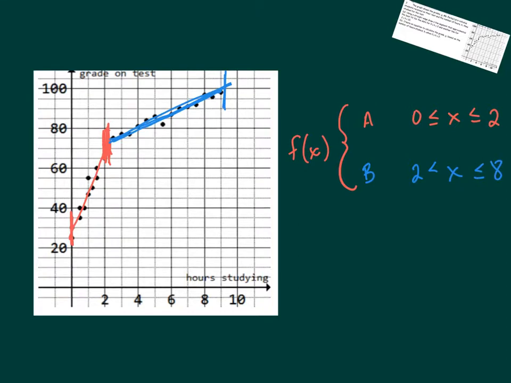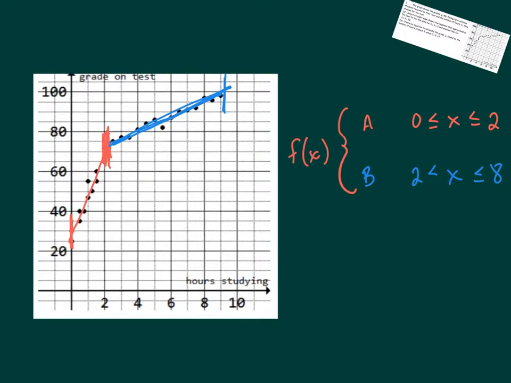I want you to notice that I have the same number here and here. I have to pay attention to these two signs, because this one has an or equal to, and this one can't have the or equal to, because you can't have them occurring in the same spot on your graph. So it can only be in one part.